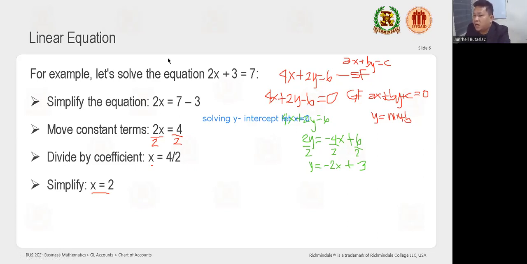Now, substitute. So y is equals to negative 2x plus 3. You have to insert the 0 to the x term. Y is equals to negative 2 times 0 plus 3, because you need to let x is equals to 0.